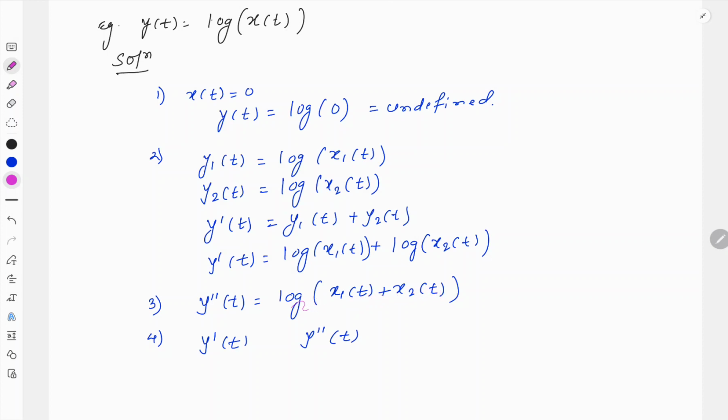We know that we cannot represent log of a plus b as log of a plus log of b. Therefore, y dash and y double dash are not equal. Hence, we say that the given system is a non-linear system. So this is how we classify a system as linear and non-linear.